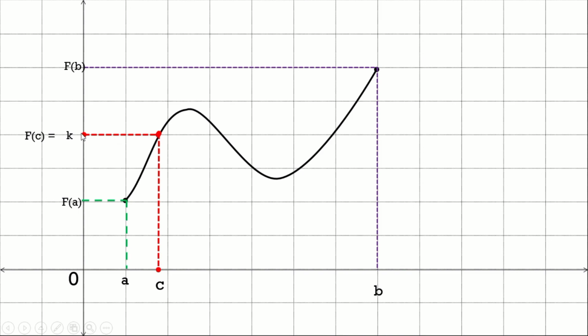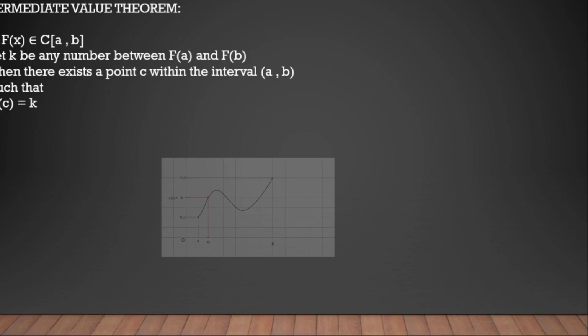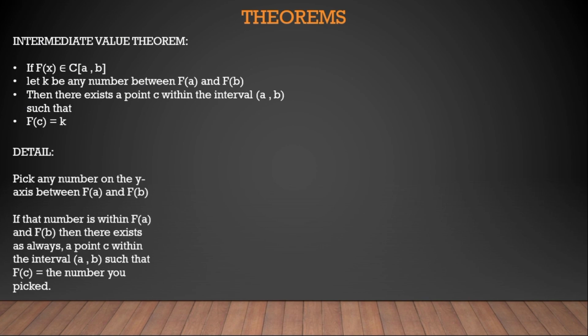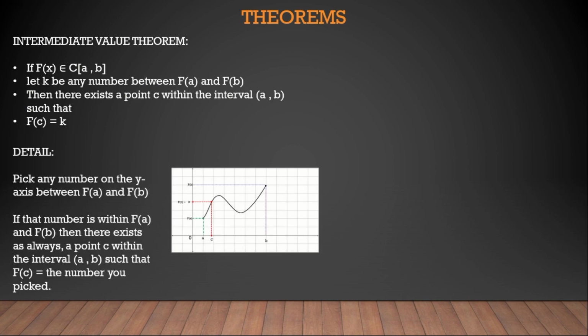We get the picture, right? At least we have that type of relationship. So this is basically the visual illustration of what the intermediate value theorem is. Alright, so understanding the graph, I hope you have a deeper understanding of this theorem itself.